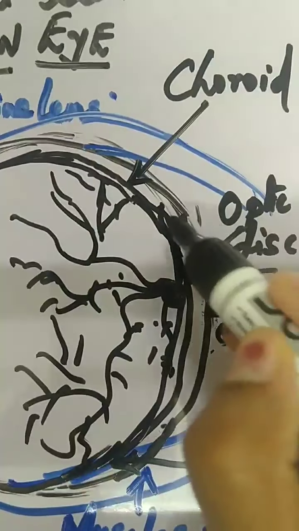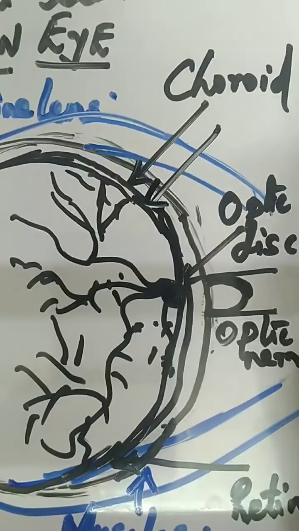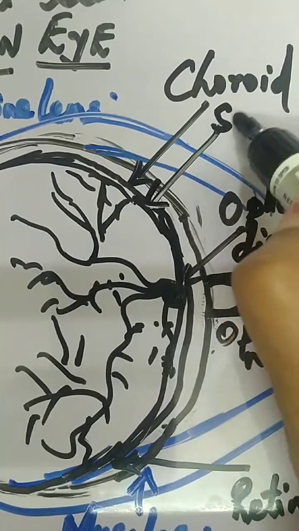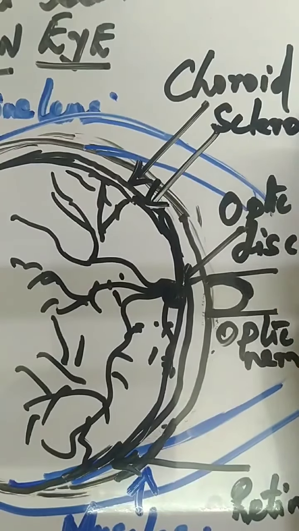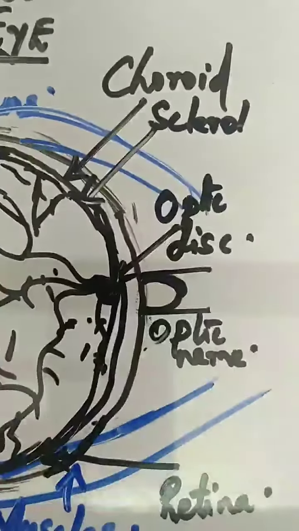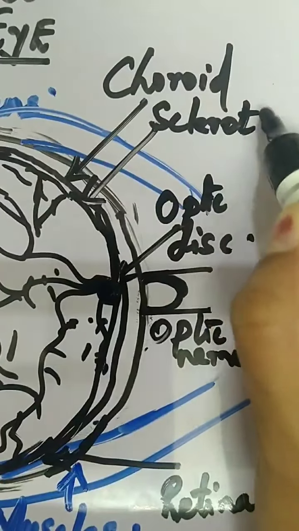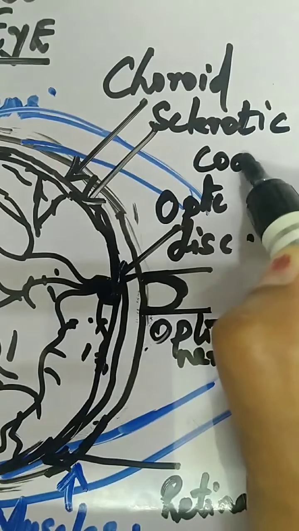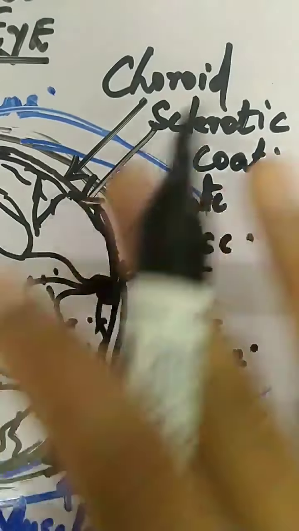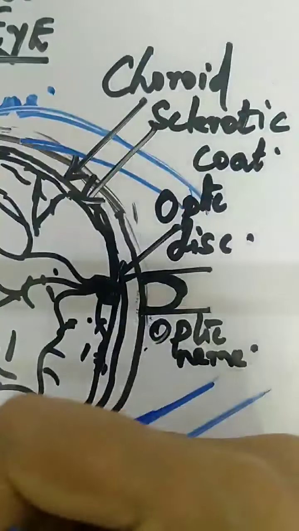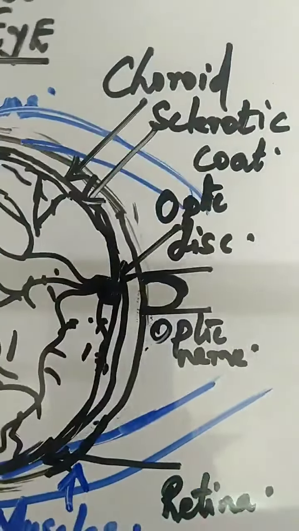That light coating you can name as the sclerotic coat. Sclerotic coat. All these are the important parts of the human eye.